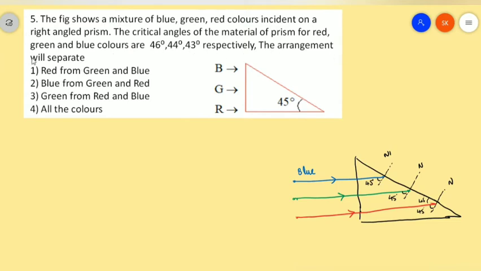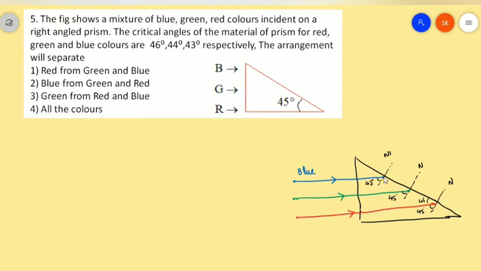The arrangement will separate red from green and blue, blue from green and red, green from red and blue, or all the colors. Now you see here, three colors are incident, the blue color, green color, red color. Which color separates from the other colors out of these three? That is the question.